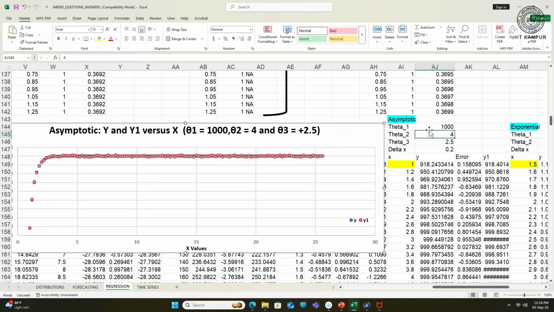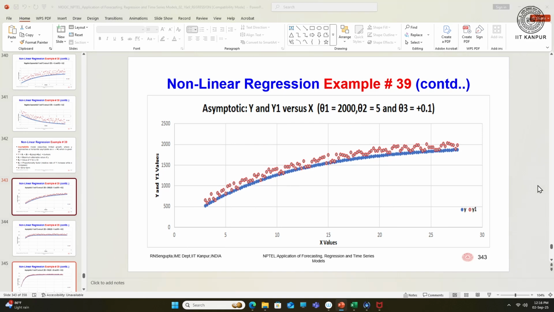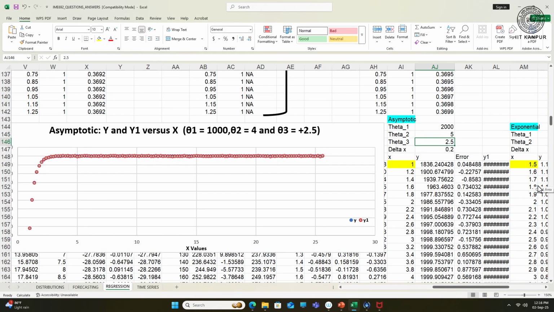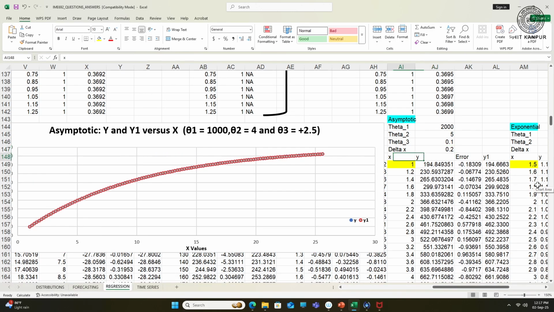So, for the asymptotic one, this is one of the instances. I am considering theta 1 as 2000, then theta 2 as 5, done, and theta 3 is 0.1. Here the starting value of x is 1 and delta value of x is 2.